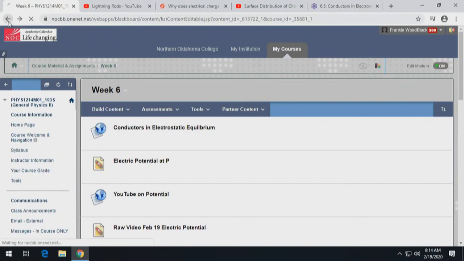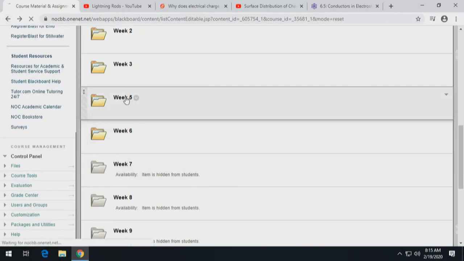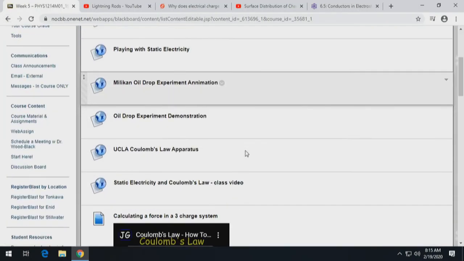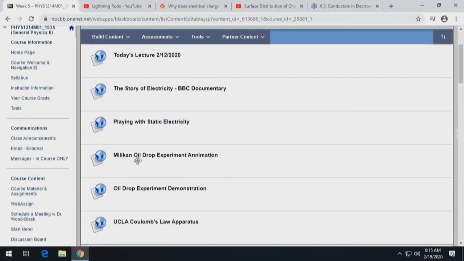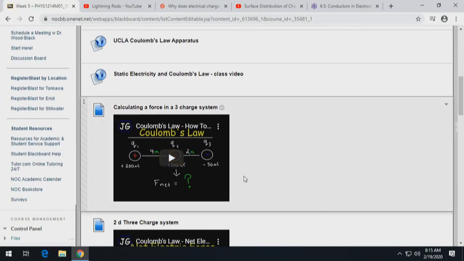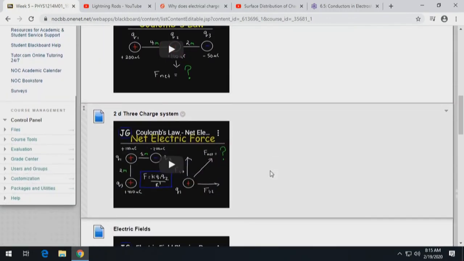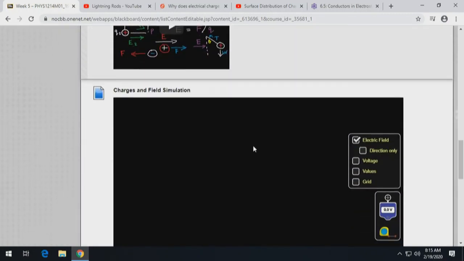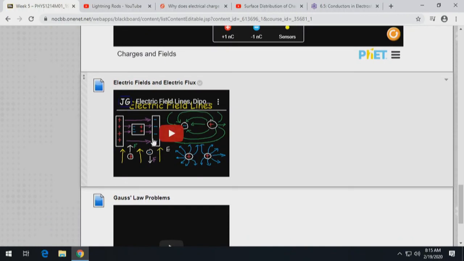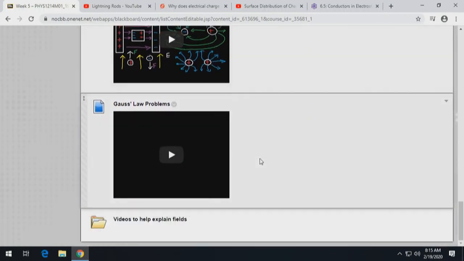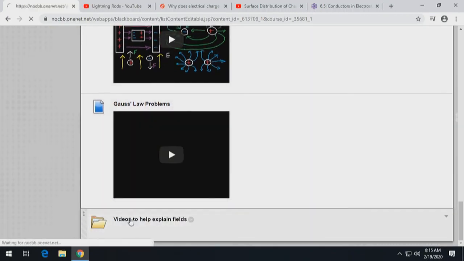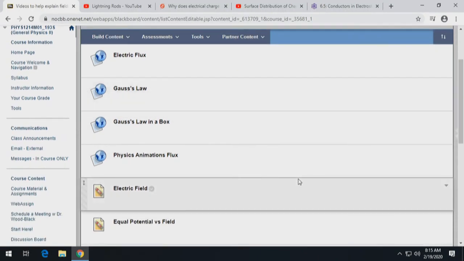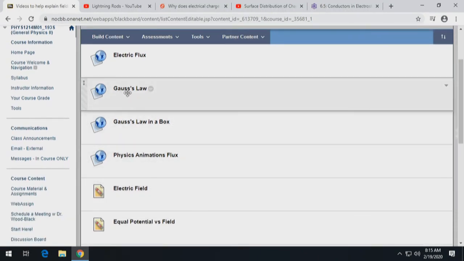And then if you go back to week 4 or week 5, in here you've got not only our static electricity lectures, you've got the ones calculating Coulomb's law, calculating the electric field force, calculating the electric field, and I've got flux in here, Gauss's law problems, and different things with Gauss's law.